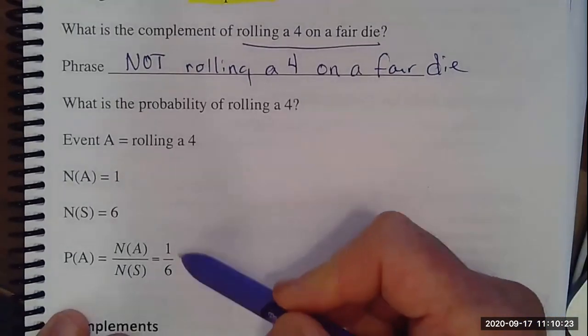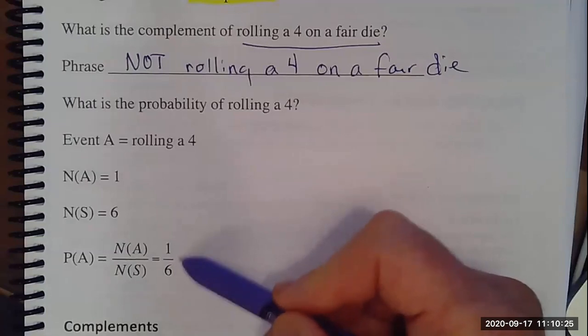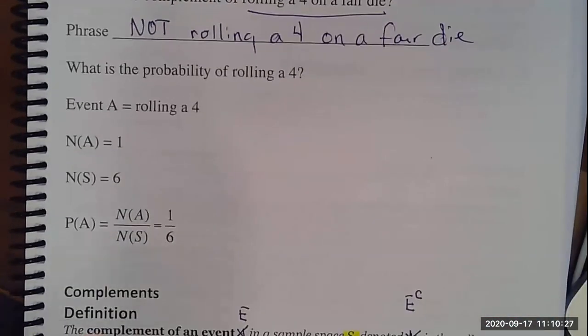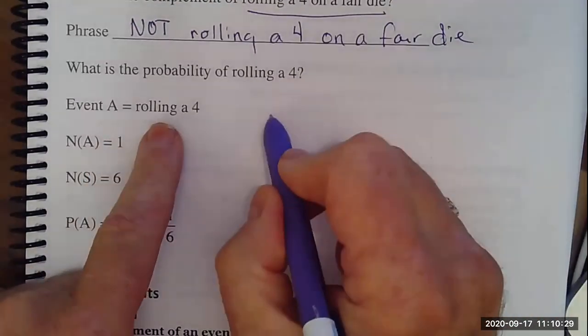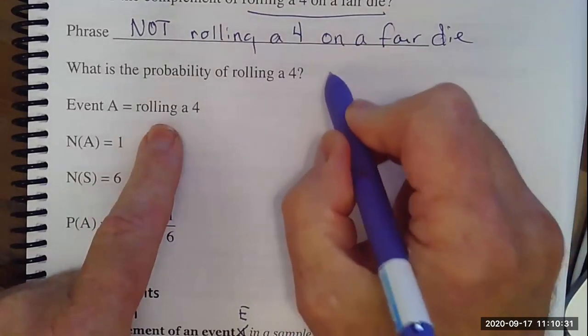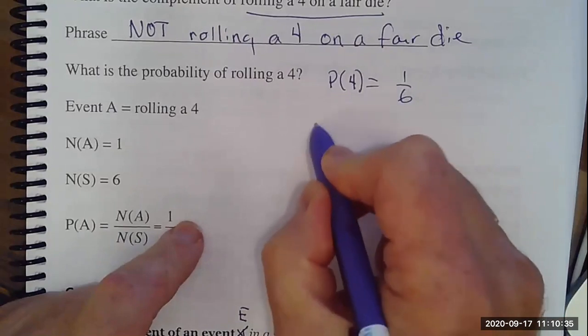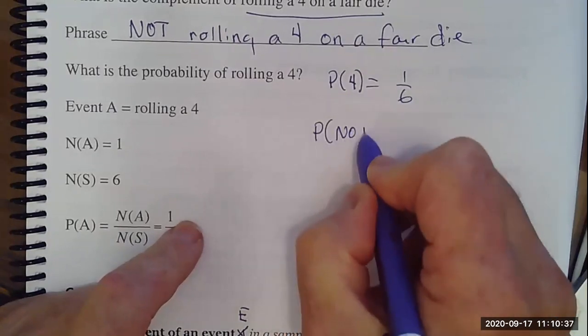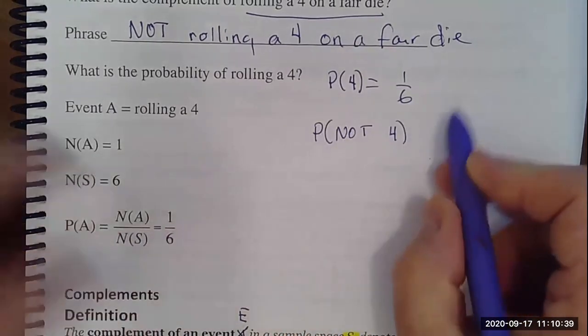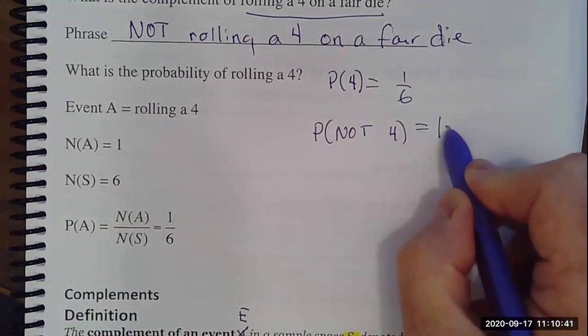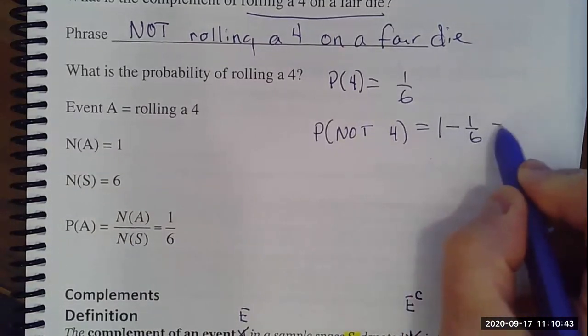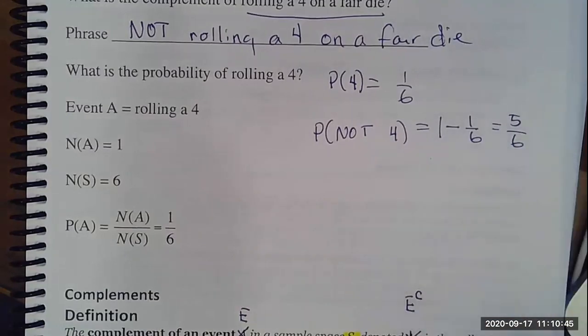And maybe that's what you're saying over here, whoever responded, because you saw the probability. So if it was the probability of rolling a 4, probability of a 4 is equal to 1/6. The probability of not 4, just abbreviated like this, would be 1 minus 1/6, which is your 5/6 that someone said just a little bit ago.